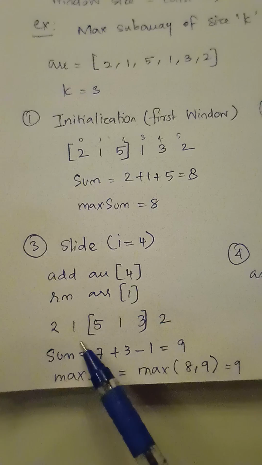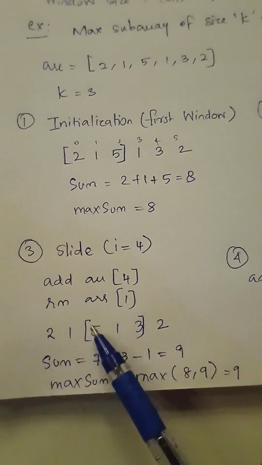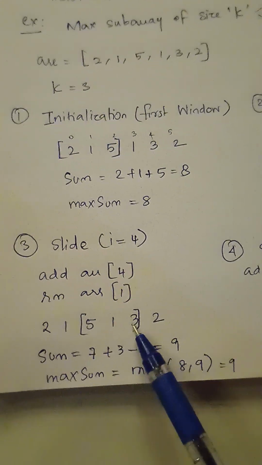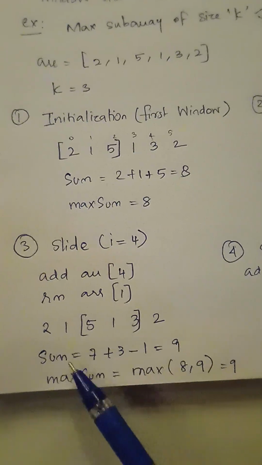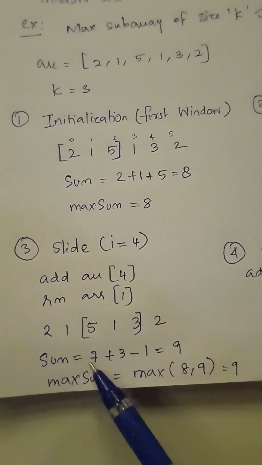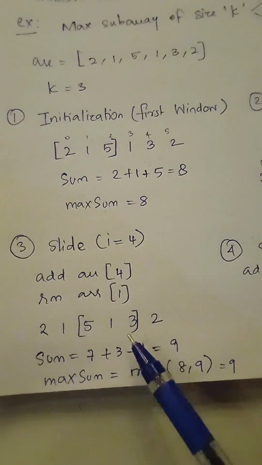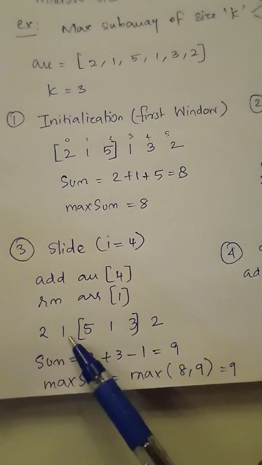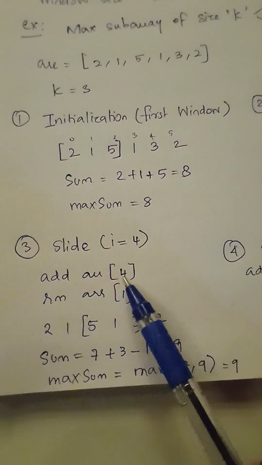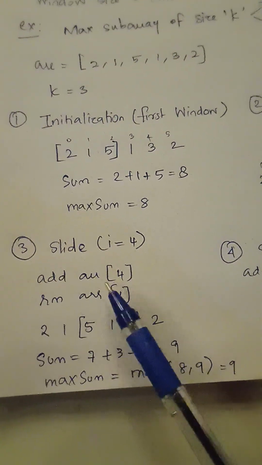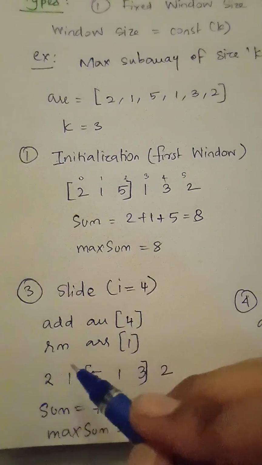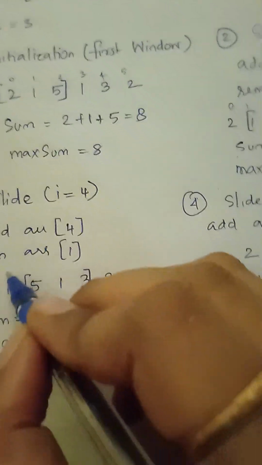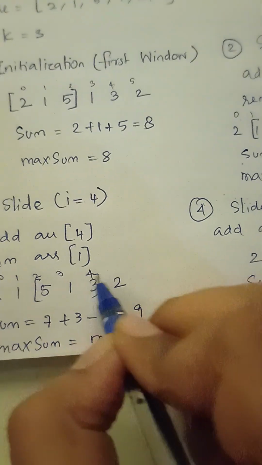So now we need to slide again. So we have 5, 1 and 3, right? Again the size is 3. So we use the previous sum 7, and then we add 3 and delete this one. Add array of 4 and then remove array of 1. That means array of 4 is, we have 0, 1, 2, 3, 4, 5.